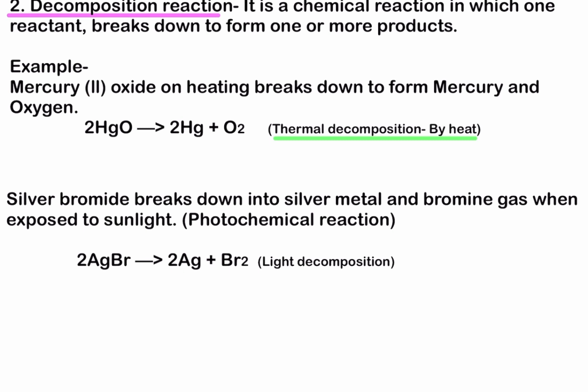that is, by heat. Another example is decomposition by light, like silver bromide, like most of the silver halides, when silver combines with halogens: bromide, chloride, iodide. So here is an example of silver bromide. Silver bromide breaks down into silver metal and bromine gas when exposed to sunlight.